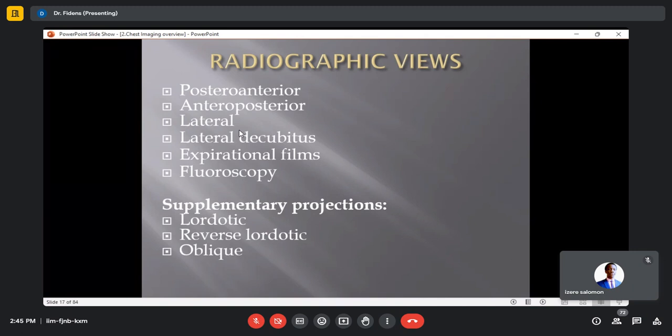When we say a frontal view, we are talking about either posterior anterior or anterior posterior. So sometimes when there is a small pleural effusion, you miss it. You cannot see it on chest X-ray because it's very small.